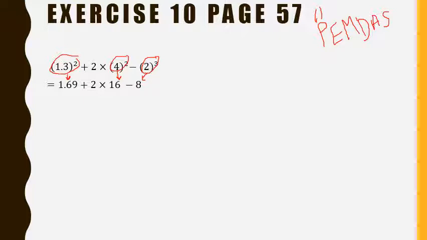I have to write on the line 1.69 plus 2 times 16 minus 8. Okay, here I have addition, multiplication, and subtraction. The priority goes to multiplication. So I write down 1.69 plus the answer of multiplying 2 by 16, which is 32. So I replace it by 32 and I drop 8 down.